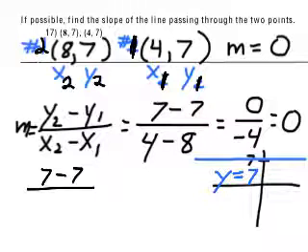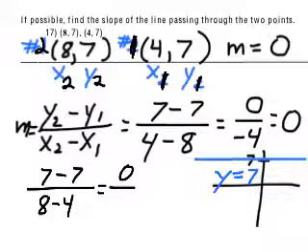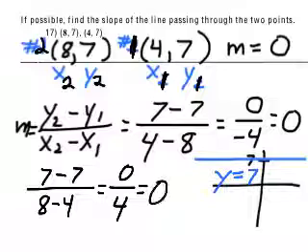And my x2 is 8 this time, and my x1 is 4, so 8 minus 4. So in this case it's 0 over 4 this time. The other one was 0 over negative 4. Still end up with 0, though.